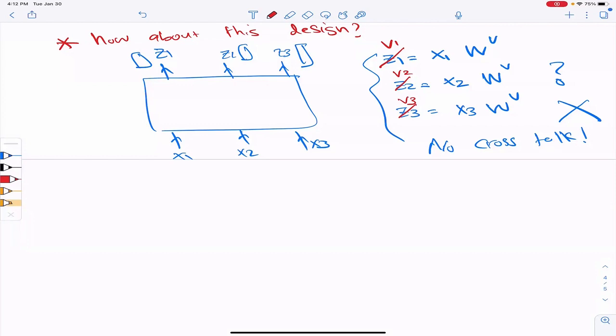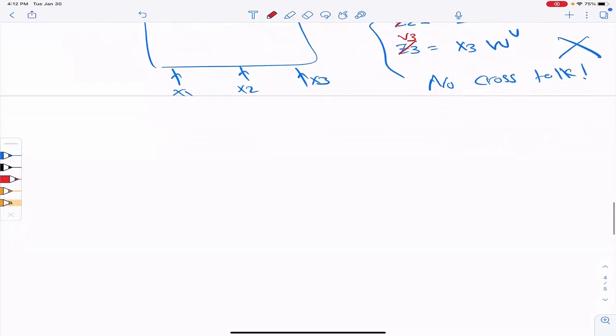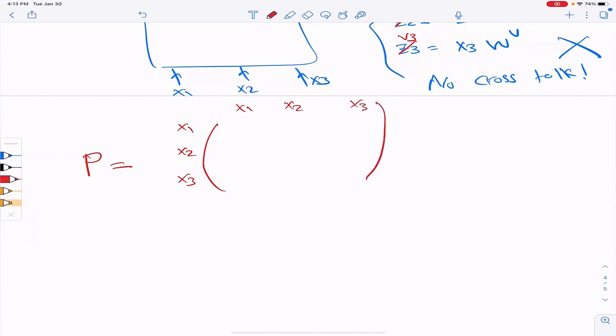I don't need any information about the embedding of x3 in the embedding of x1. So in other words, what if I give you the following matrix, a matrix P that has 3 rows, x1, x2, x3, and 3 columns, and it has probabilities of how much of that particular token's embedding I want to be included in the final embedding of that particular token.